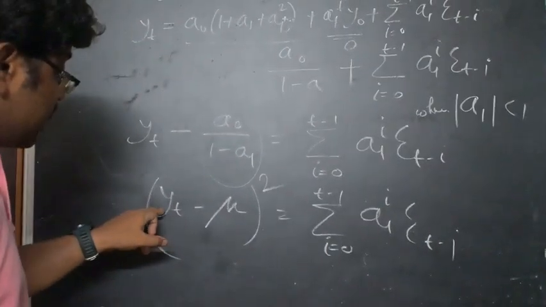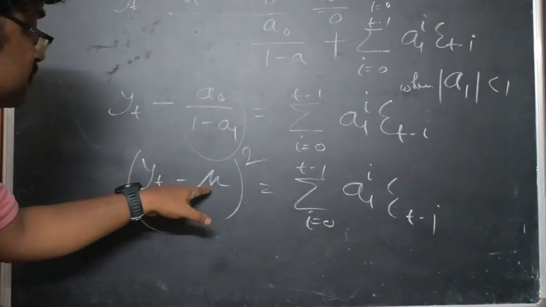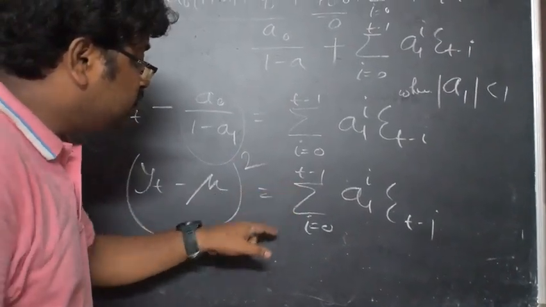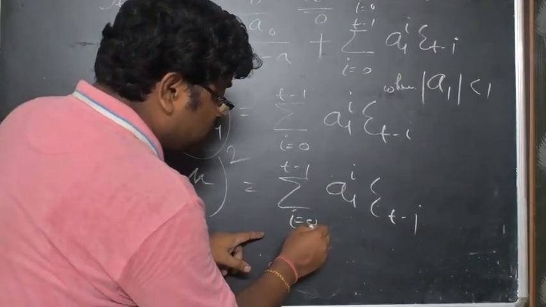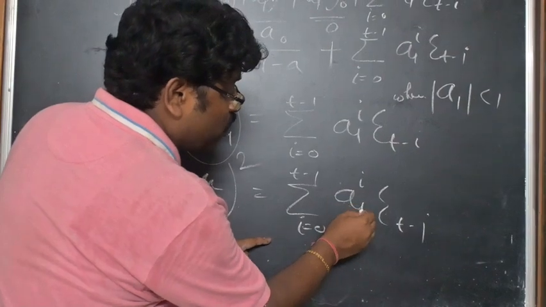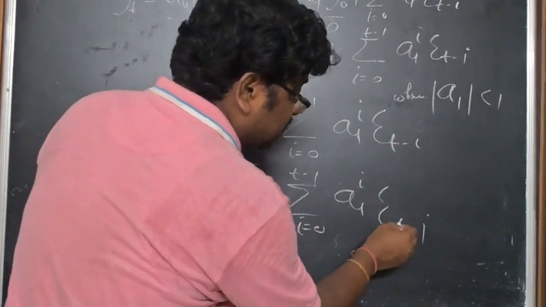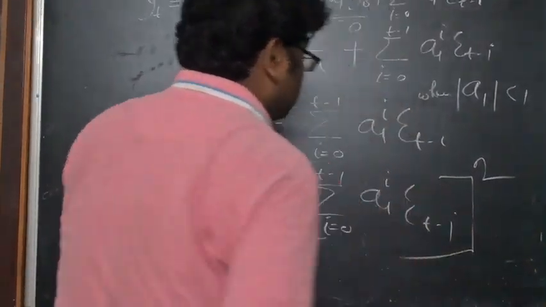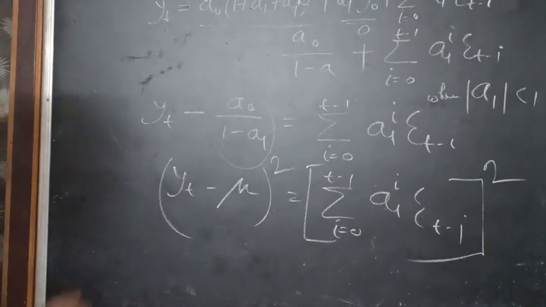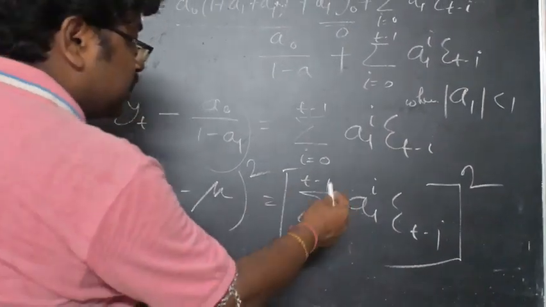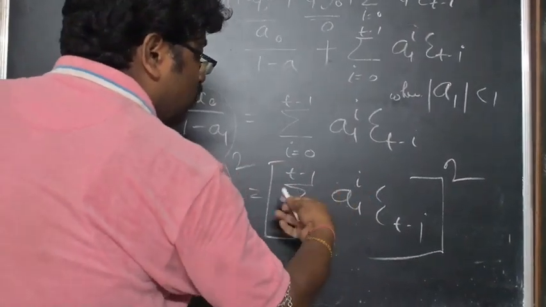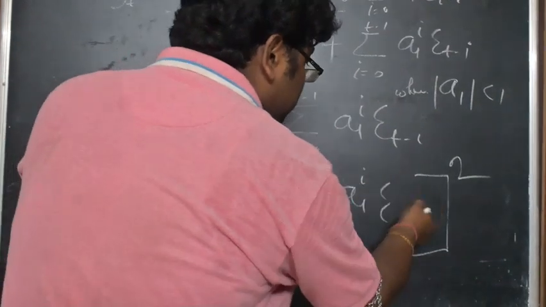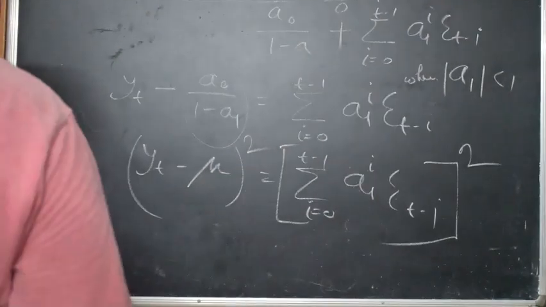So (yt minus mu) whole square equals the summation, i equals 0 to t minus 1, of a1^i epsilon t minus i, whole square. Now we simplify this.